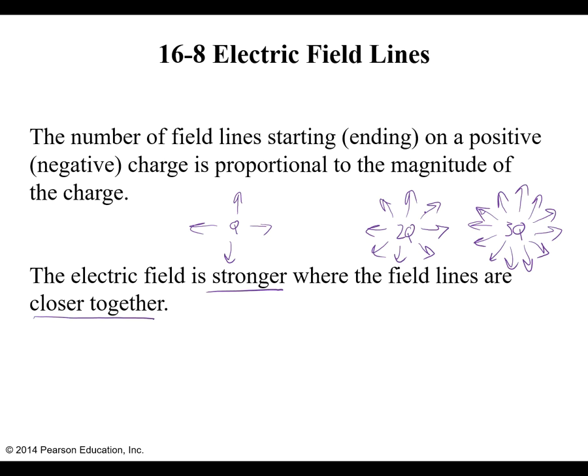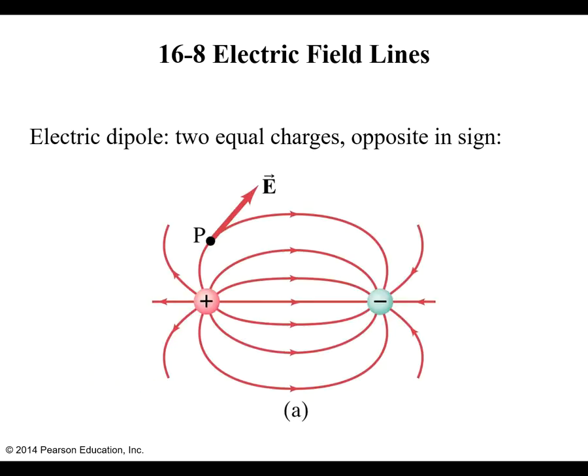Now this gets useful when we start dealing with multiple charges, like in this case right here, something we call the electric dipole, or two equal charges, opposite sign. Okay, this may look complex at first, but it's really nothing more than vector addition at multiple points.